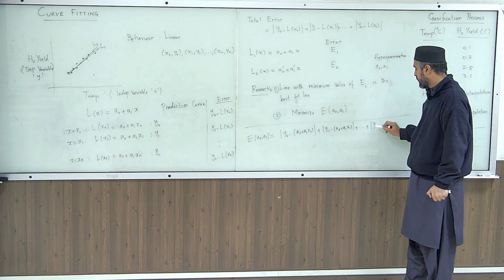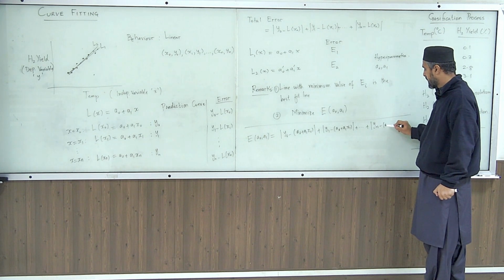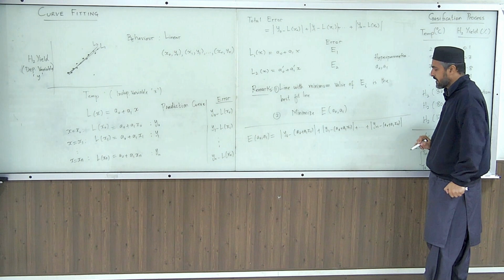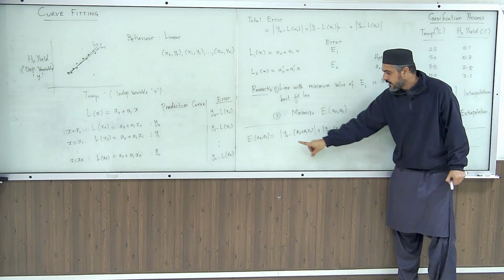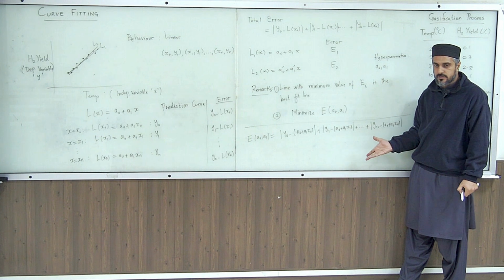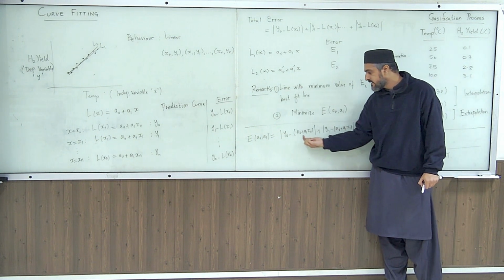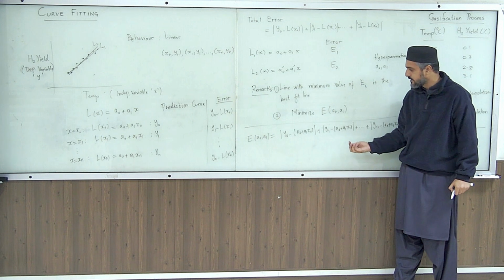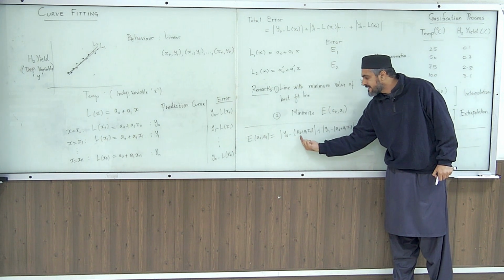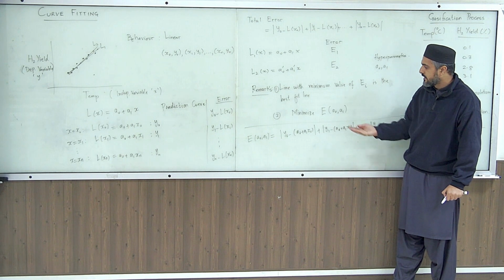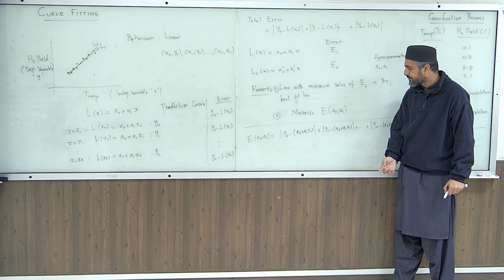We have yn minus (a0 plus a1 xn). The point is that this error has some constant numbers, which are the xi's and yi's. They are constant values because they are the data points. Now this a0 and a1 we need to choose in a way that this function has a minimum value.